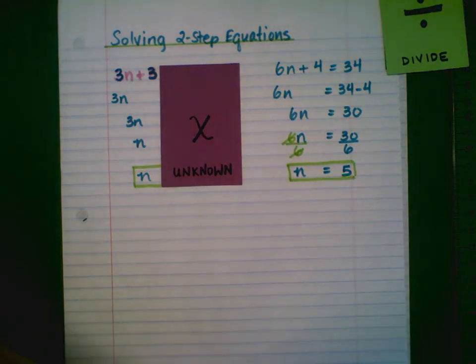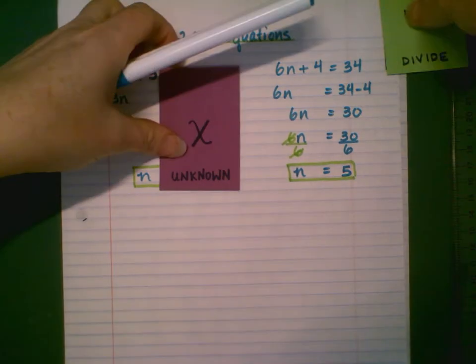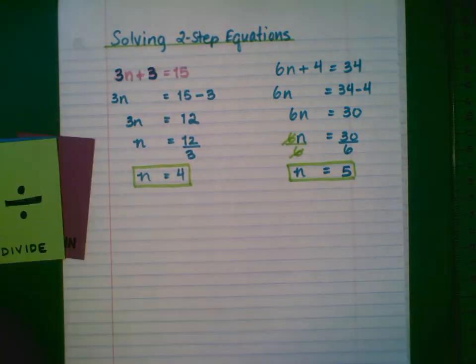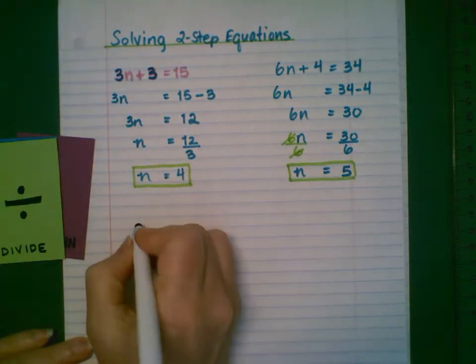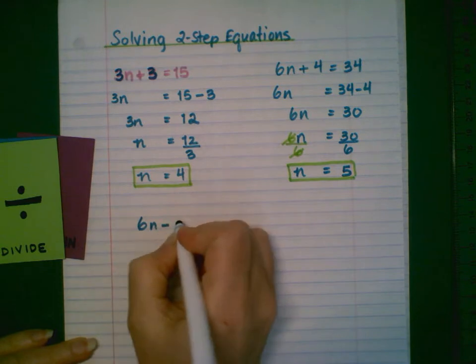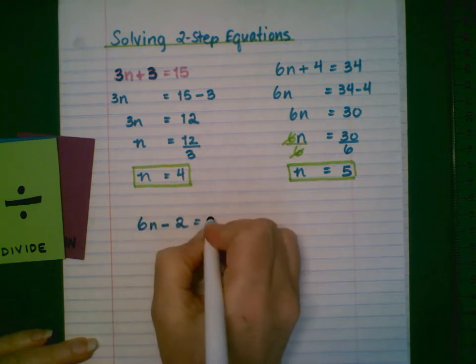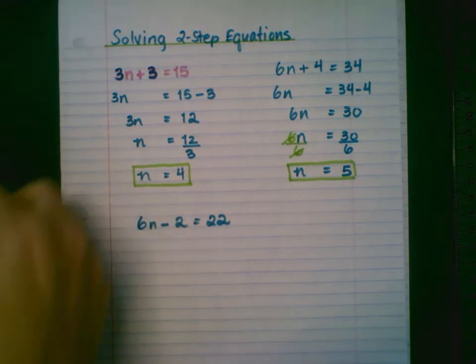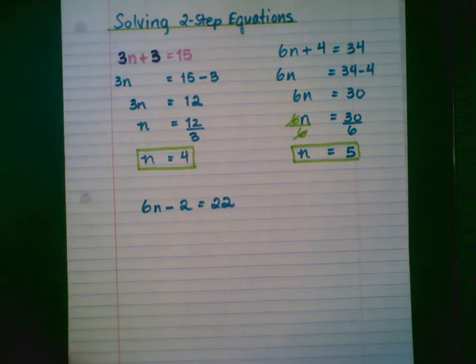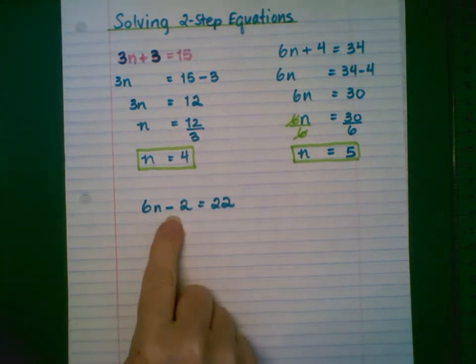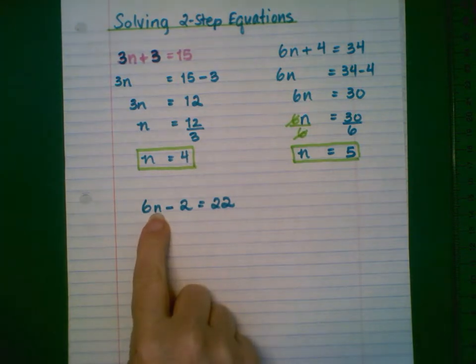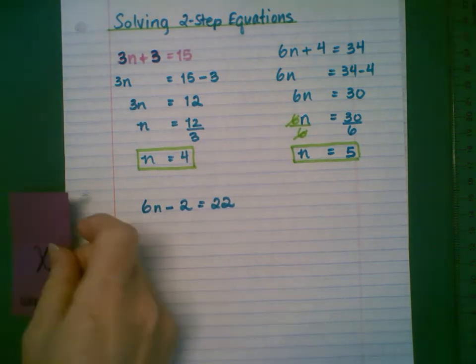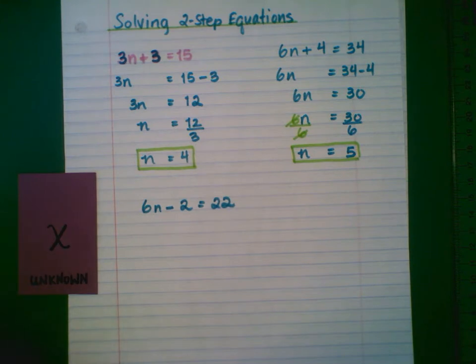Okay, we're going to look at another one that's just slightly different. 6n minus 2 is 22. Thinking about the operations that have been done to this variable, that's my unknown.